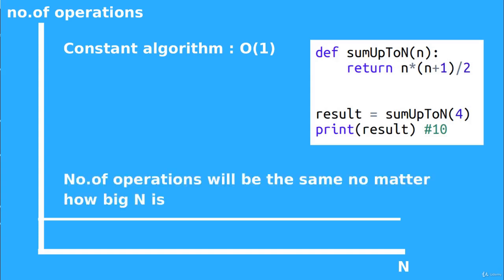So one thing to note here, the number of operations will always be the same no matter how big n is. Now, this is of course not always the case when it comes to algorithms. This is just the best thing that ever happened to humanity, constant algorithms.